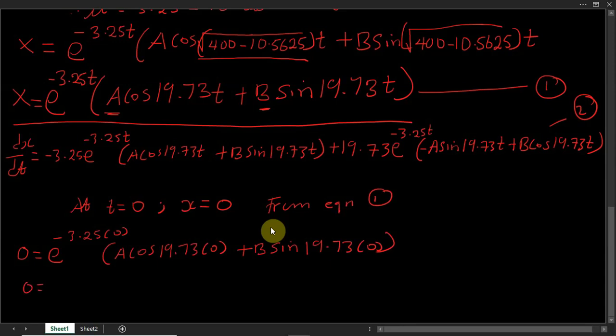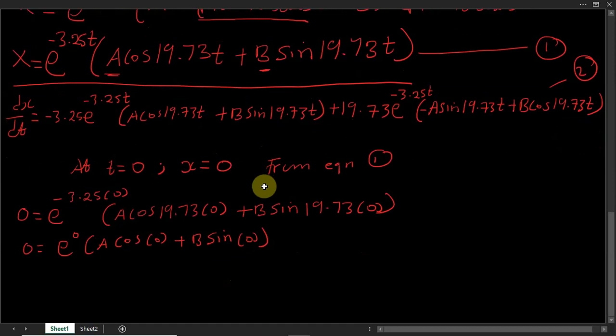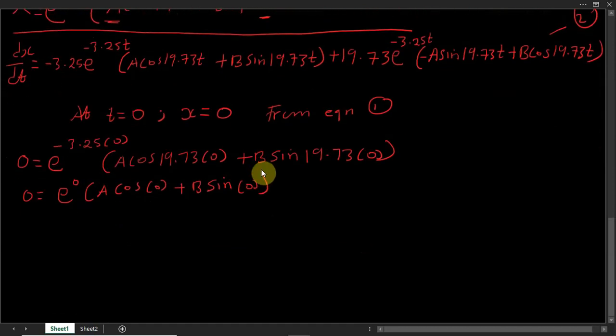Therefore this becomes e raised to the power 0, and this becomes a cos of 19.73 times 0. Of course negative 3.25 times 0 gave us 0. Then plus b sine, of course 19.73 times 0 will also give us 0. So we end up getting 0 equal to e raised to the power 0. Any number raised to the power 0 is actually 1.